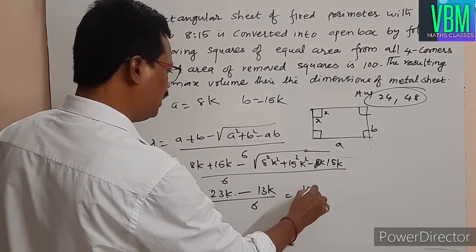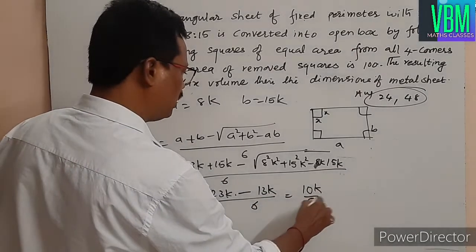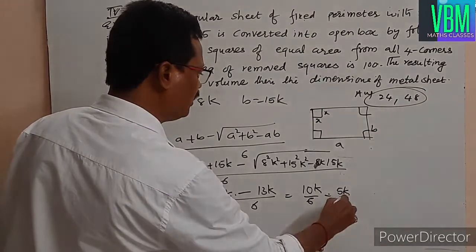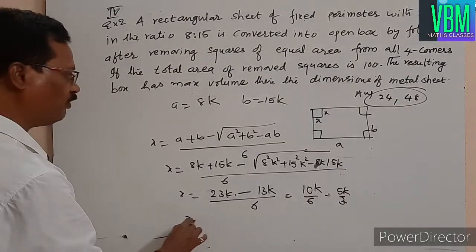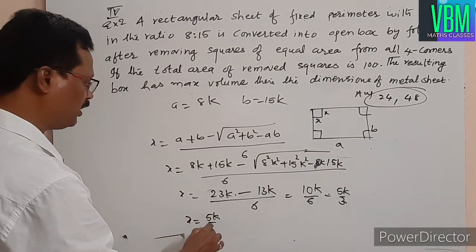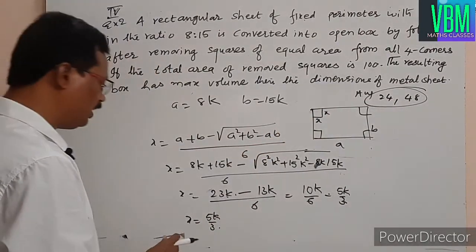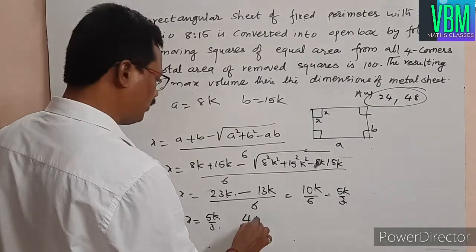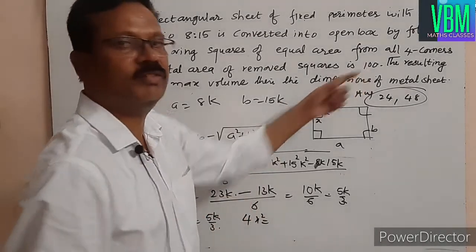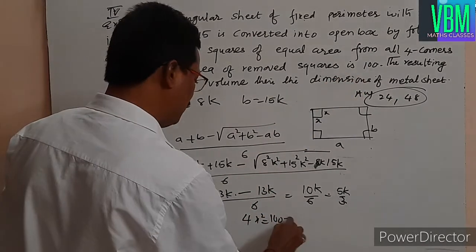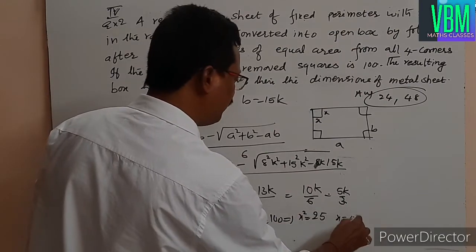Therefore, this is 10k by 6, that is 5k by 3. Therefore, x equal to 5k by 3. Now at 4 corners, the total area removed is 4x square. How much is given? That is 100. Therefore, x will be 5.